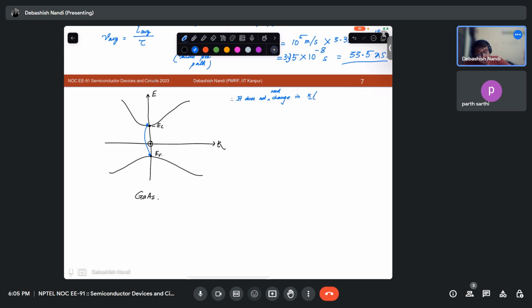K is what? P is equal to h K. K is like crystal momentum, right? Actually, P is the crystal momentum, and you can normalize it, so K is P by h bar.